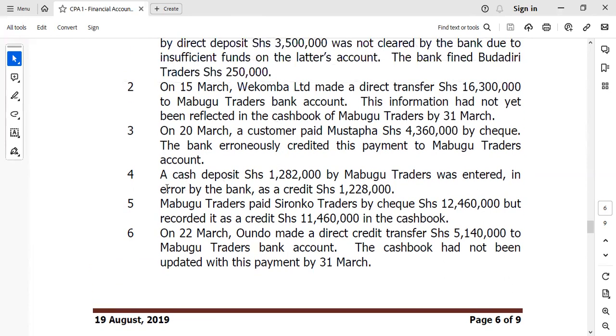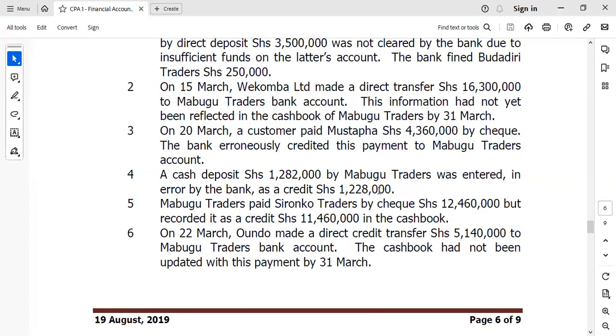There was an undercast that was made. Look at number 4. A cash deposit of 1,282,000 by Mabugu was entered in error by the bank as a credit of 1,228,000. So there was an undercast.